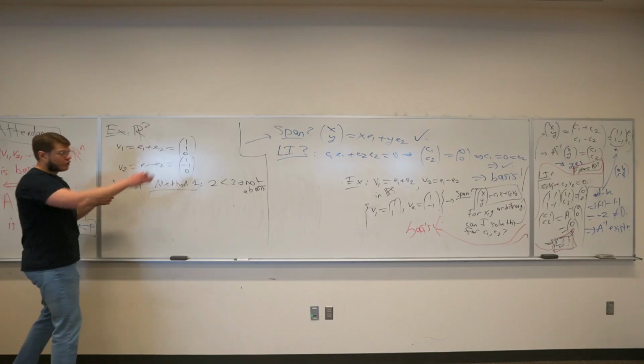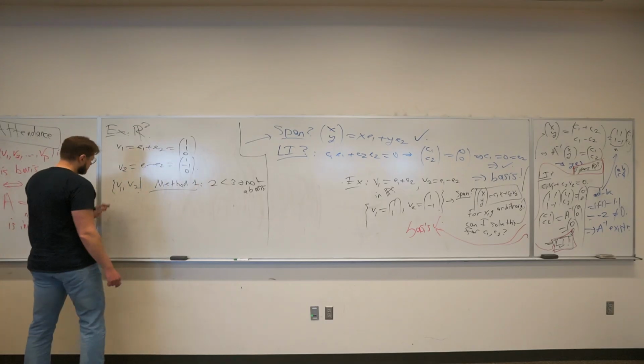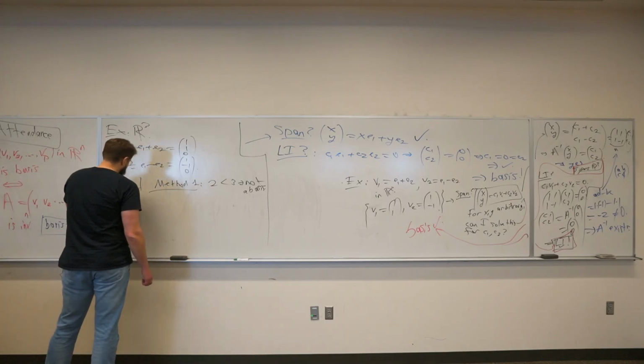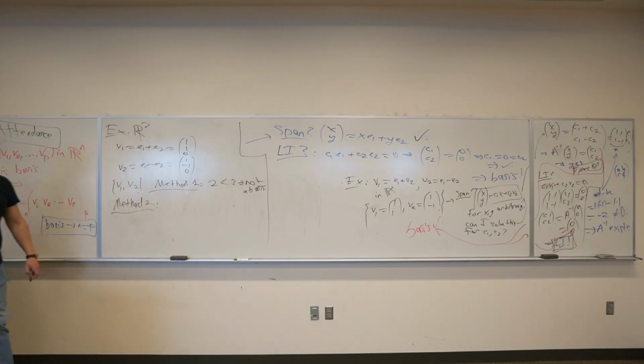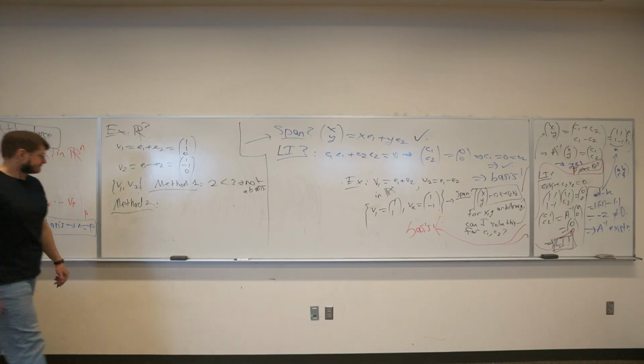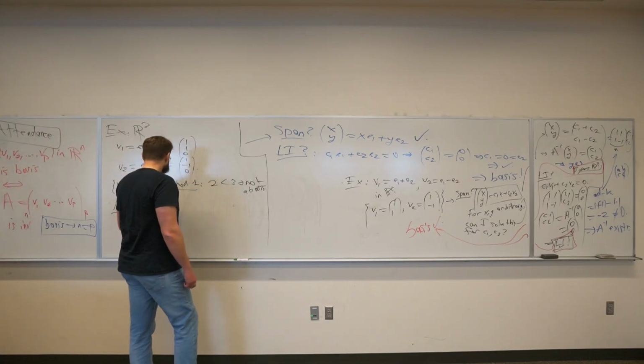Method 2, you go through the 2 parts. In this case, for instance, these 2 are going to be still linearly independent, but they're not going to span everything. So I'm just going to check the span.